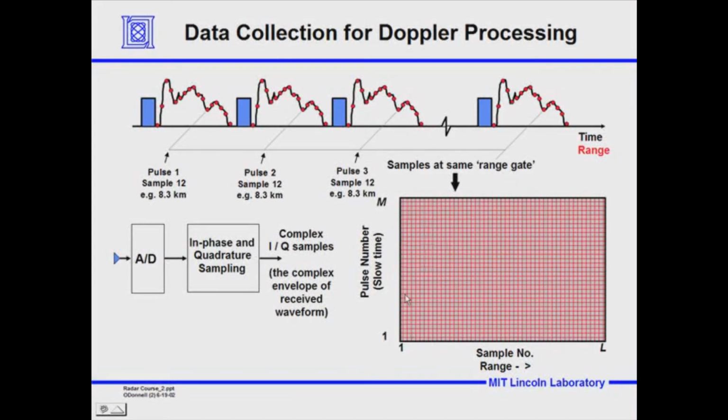And the question is, how do we process these different returns, where we have multiple returns from the same range cell, to give us Doppler resolution of the radar?